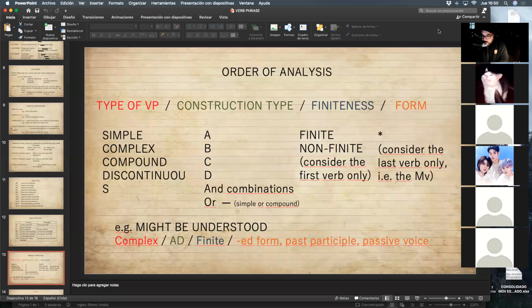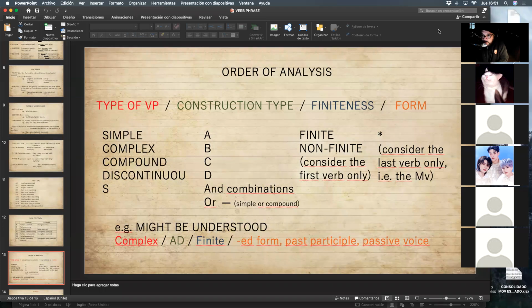We will do the following analysis. Might be understood is a complex verb phrase. Why? Because there are two different auxiliary verbs, might and be, right? Slash. The construction type is AD. A because of the presence of the modal verb might, and D because of the presence of a passive voice, right? The passive voice is produced by the presence of the verb be plus a verb in ed2.